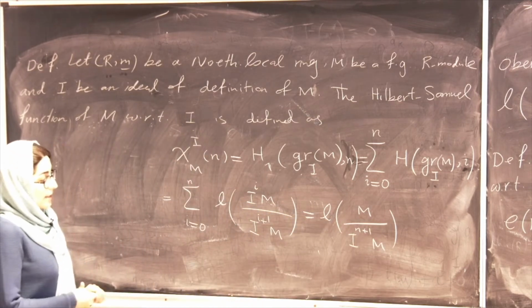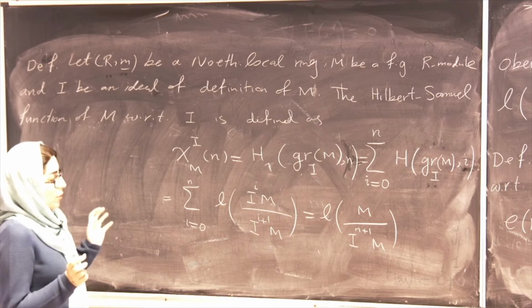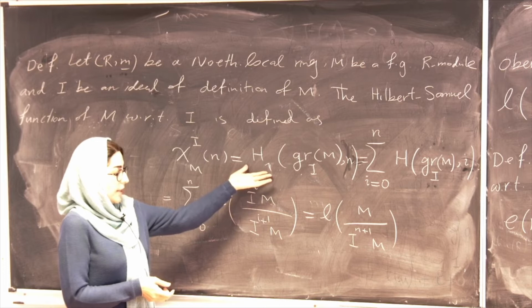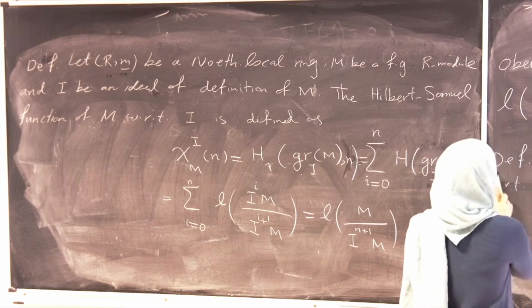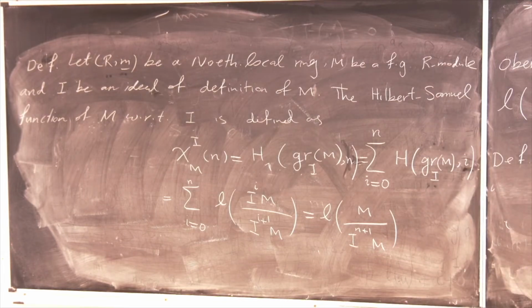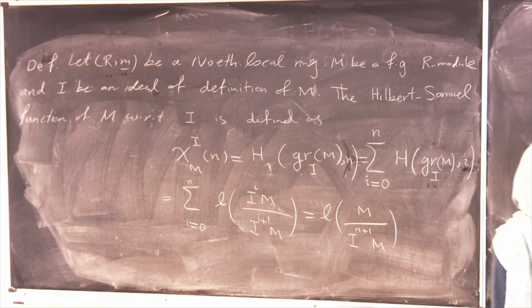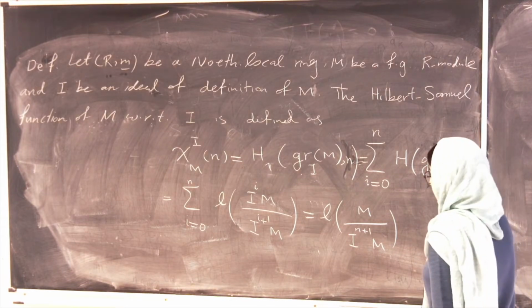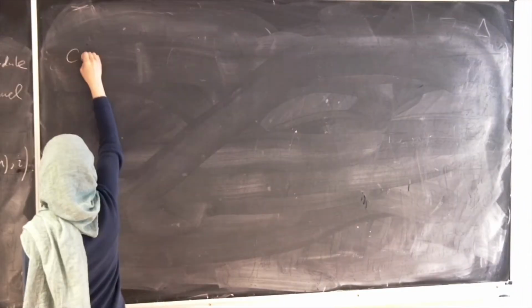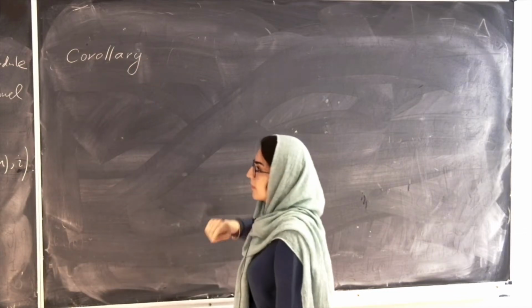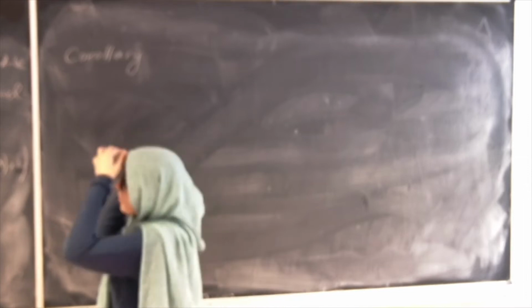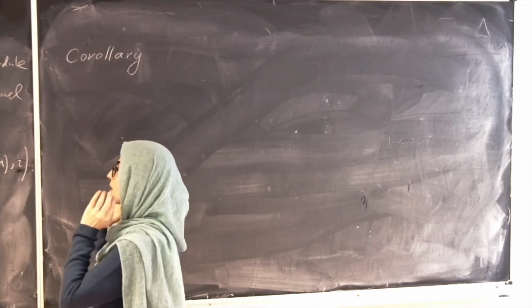So by what we had yesterday, the formula for multiplicity in terms of the first iterated Hilbert function, I can write this corollary. I don't repeat this assumption unless the assumption changes.